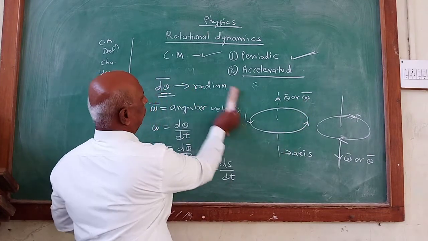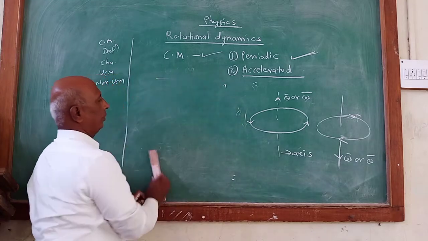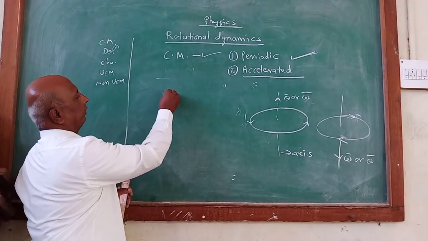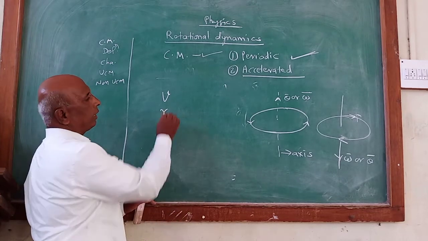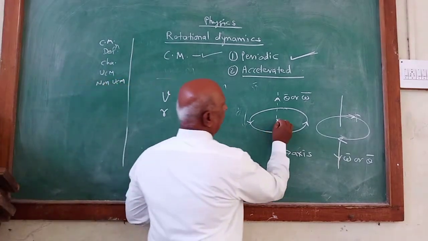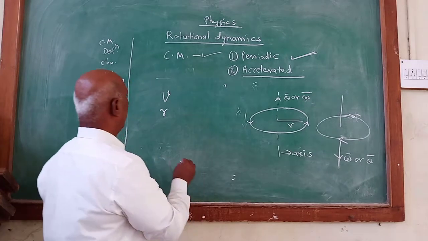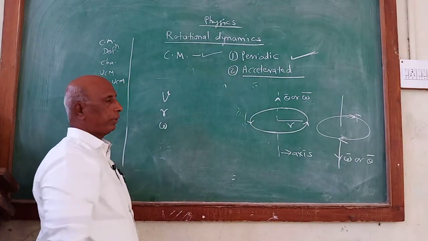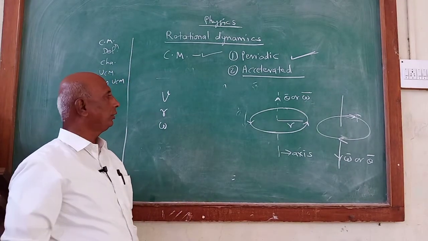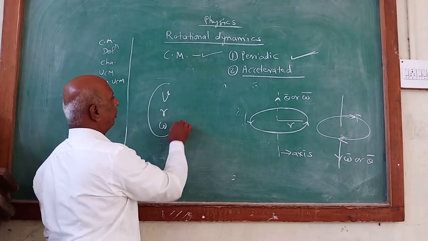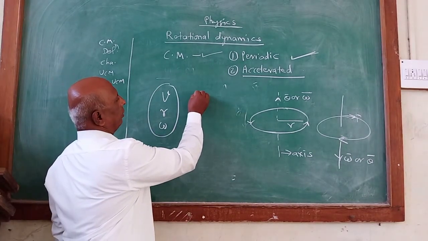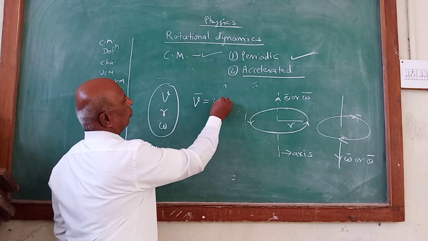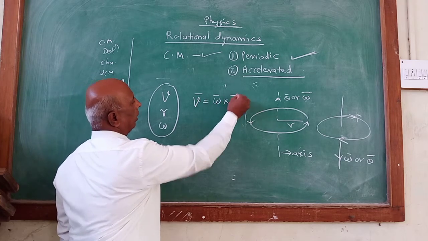Now if the speed is written by symbol v, r represents radius and omega represents angular velocity, then the relation between these three quantities is given by the equation v bar is equal to omega bar cross r bar.